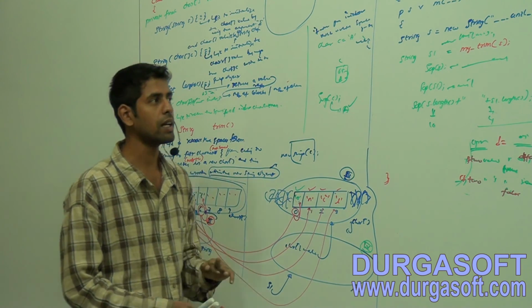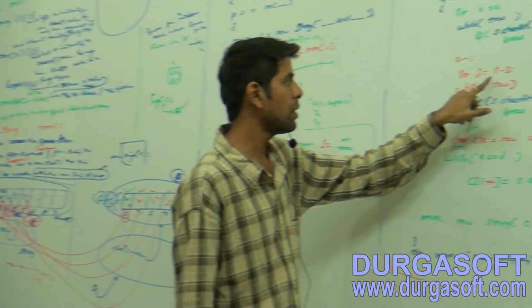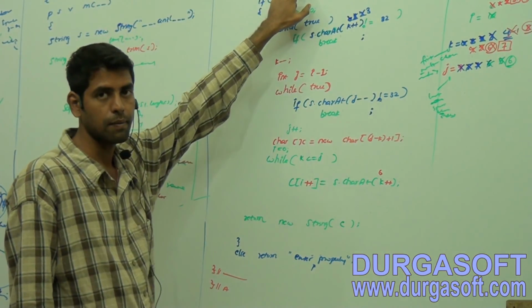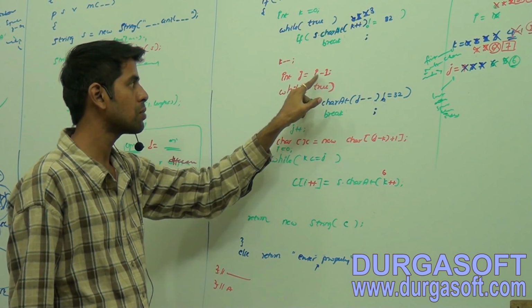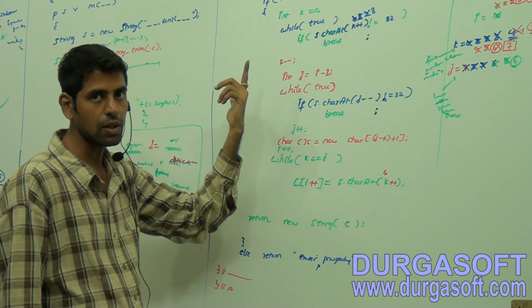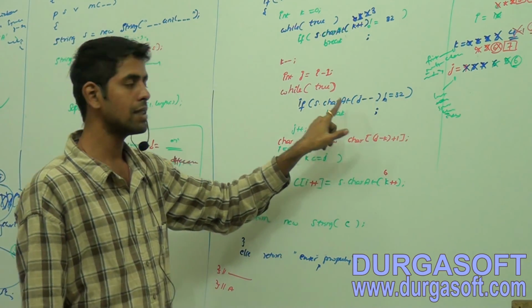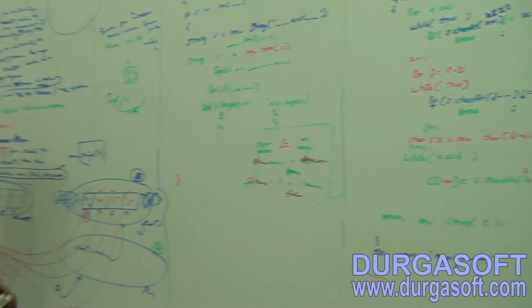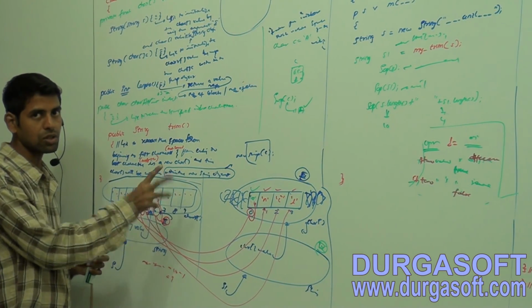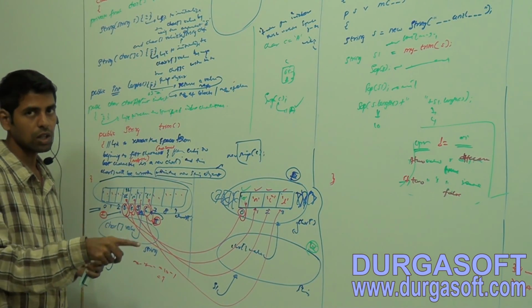Now that I have used the I variable, I have the length. I minus 1. Yes, fine. J is having the last index value. Now the same thing, I will access the last index character and check whether it is equal to 32 or not.